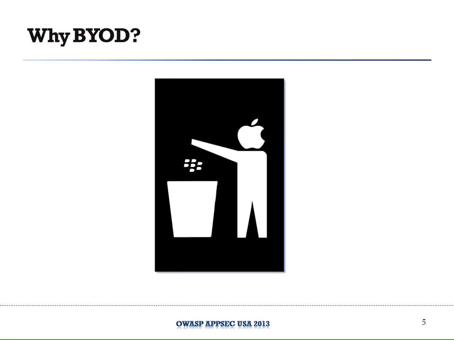So where did BYOD come from? Essentially, back in the old days, BlackBerry was like the de facto device that organizations had. It had the best way for the organizations to actually manage policies on the BlackBerry device. It had excellent software to do that. But as times progressed, more and more people started having smartphones on them all the time.